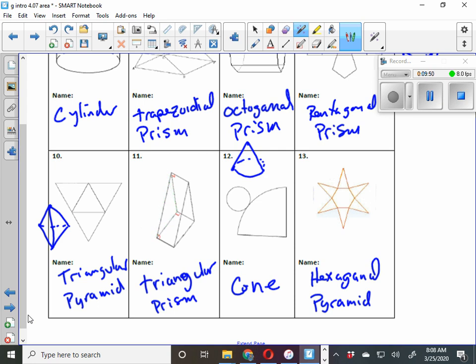Cone. And a hexagonal pyramid, I wasn't going to try the hexagonal pyramid. It just ends up looking pretty ugly, although I guess I could try it.